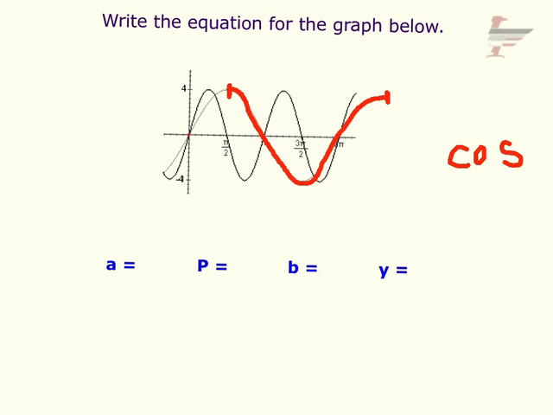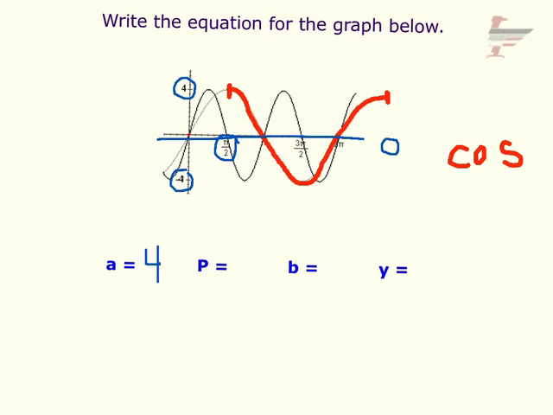Then we want to note our amplitude, because that's pretty easy to pick out. Our amplitude is 4, because we have a maximum and a minimum at 4 and -4. Because my midline is the x-axis, I also know I don't have any vertical shifts. I can see my period starts at pi over 2 and ends at 2.5 pi.